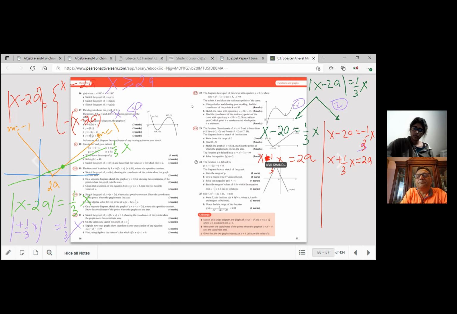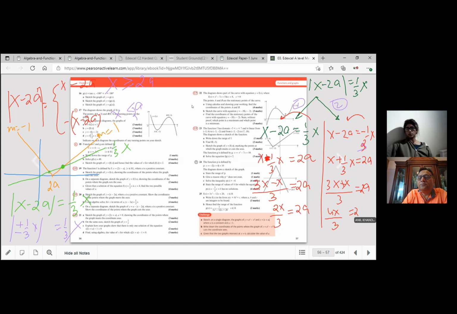I'm bringing this positive thing here and keeping the left side as negative. So this will give us 3x minus x over 3 equals 2a, and that will give us 3x plus x over 3 equals 2a. Clear? So this gives us 2x over 3 equals 2a, and that gives us 4x over 3 equals 2a. Is that clear to you?